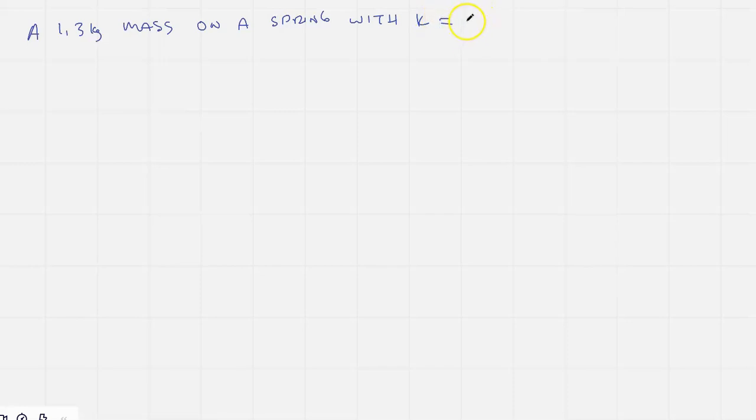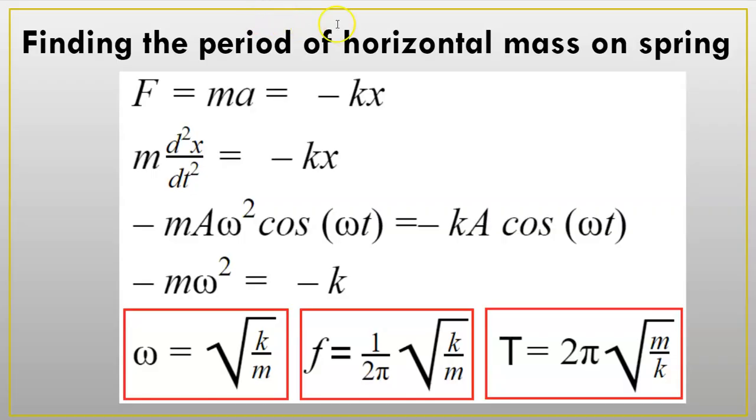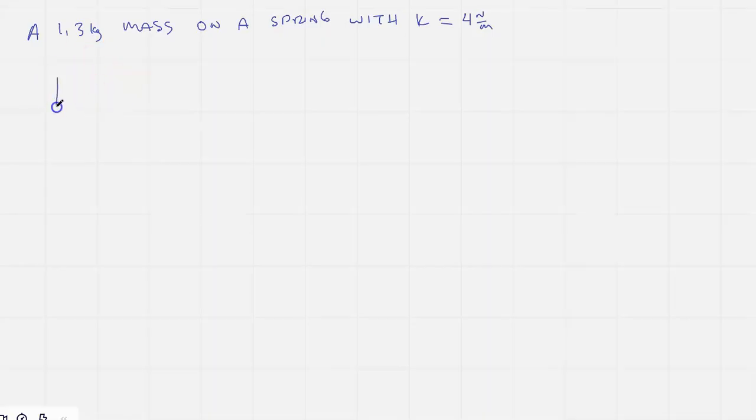I don't know if it would be a good number or not, but let's say 4 newtons per meter. That might be a good spring constant for this. Then what we are looking at is this horizontal spring, and of course we didn't put in friction here, so we're not playing with friction. But I've got a horizontal spring with a mass on it like that.